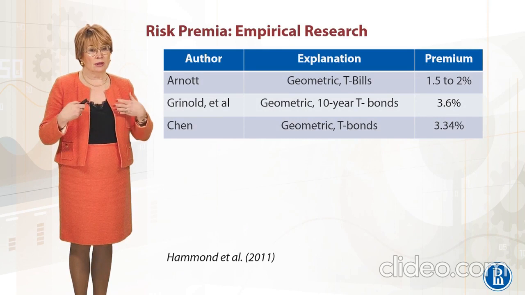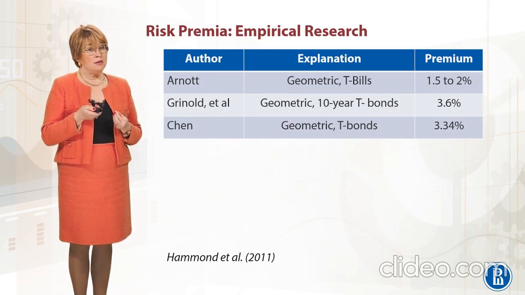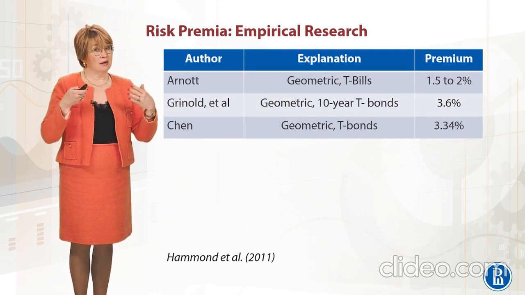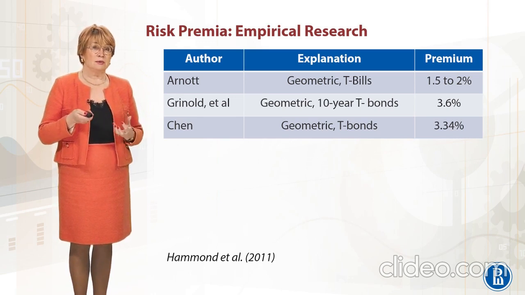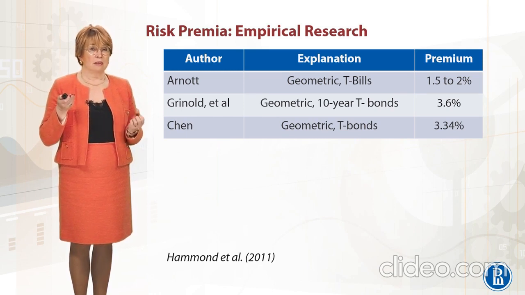We also can look at some other research results. This is again a paper made by a group of researchers, but not for such a long period of time as 115 years in the previous slide, but for a much shorter period in time.